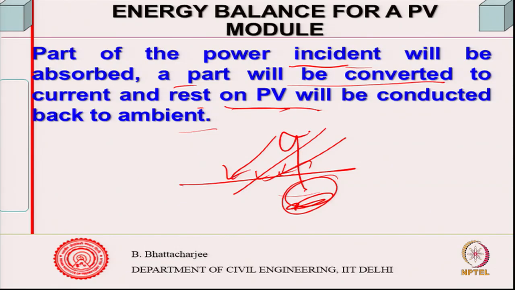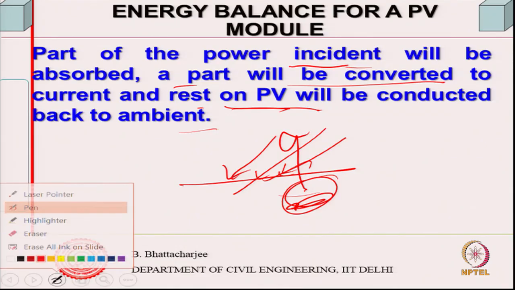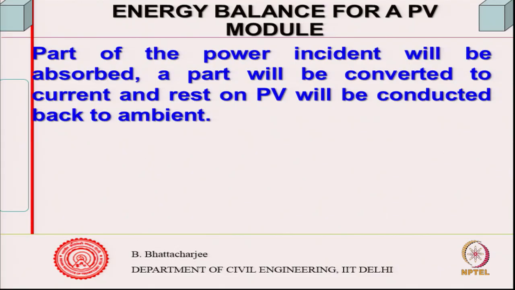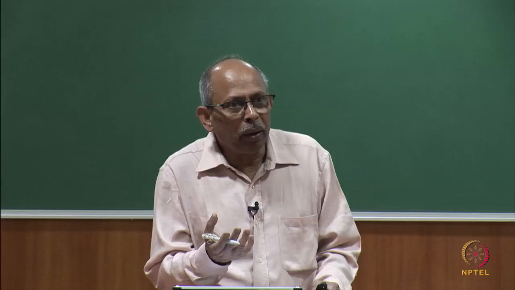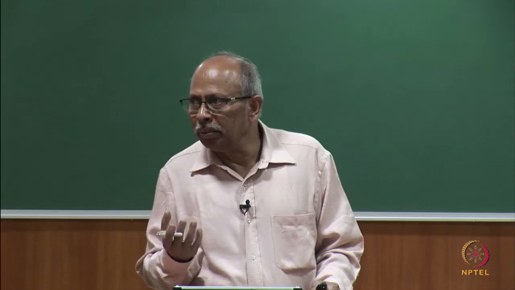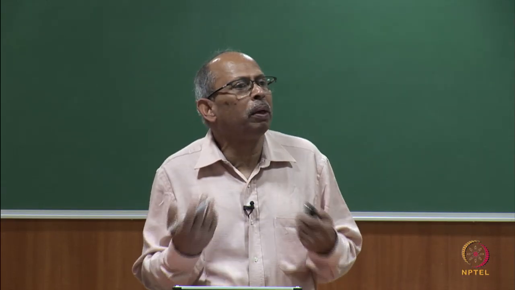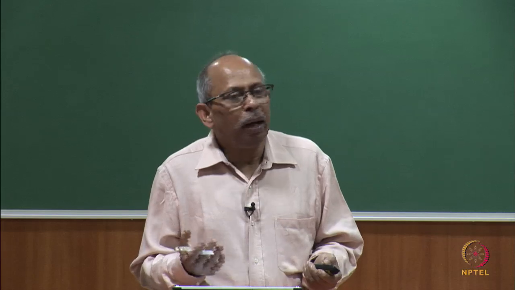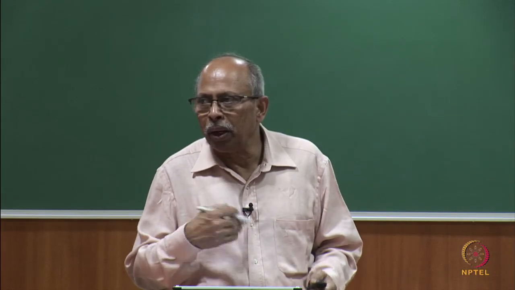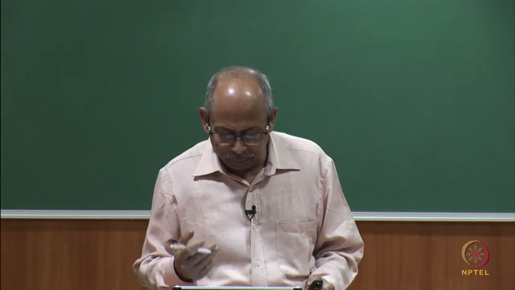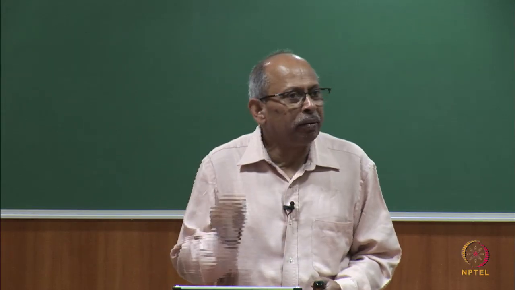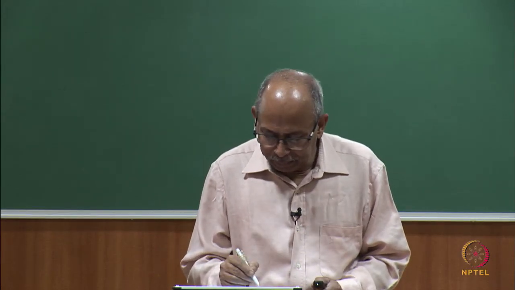So, if I look at the energy balance, right, because only a part of it is coming. So, efficiency is related to that, because finally what is the electrical power I am generating divided by whatever is coming in, but whatever is coming in will not all be converted into electrical power. A part will be absorbed in the system and a part will be radiated back to the atmosphere. So, this is the kind of equation which shows the energy balance.